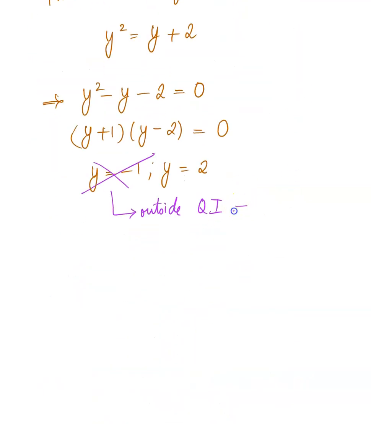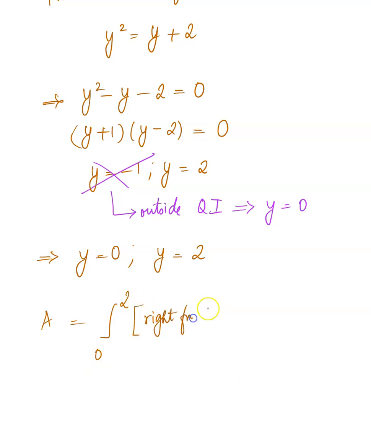This implies we start at y equals 0, and we go from y equals 0 to y equals 2. And so area will be 0 to 2, bottom limit to top limit, right function minus the left function, all in terms of y, so dy.